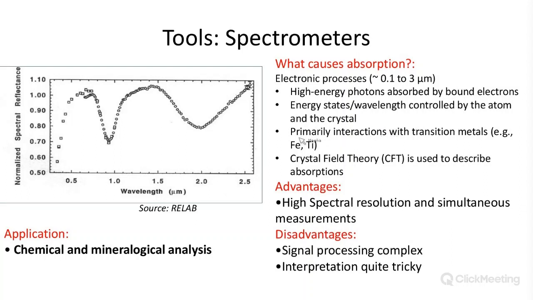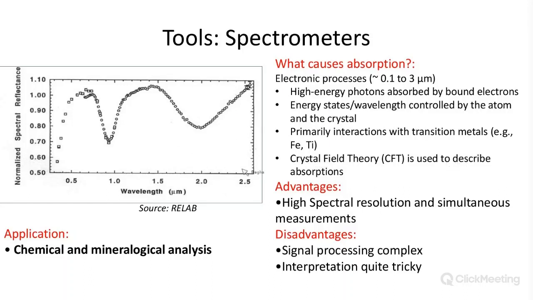So to interpret this kind of reflectance spectra, you have to have a good understanding of how and in which particular crystal structure these transition metals are sitting, which describes the absorption.